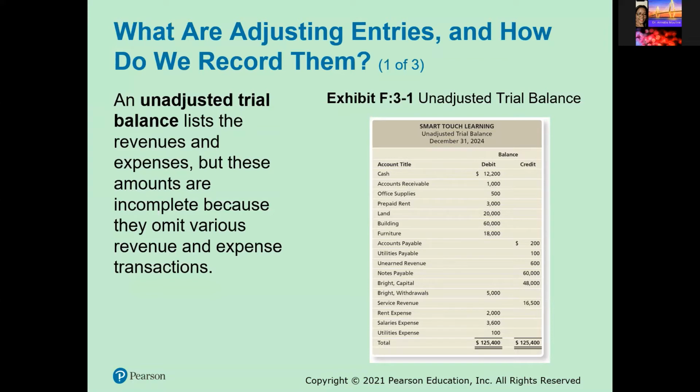So they ask questions such as, are there revenues that Smart Touch Learning has earned that haven't been recorded yet? Or, are there expenses that have occurred that haven't been journalized?